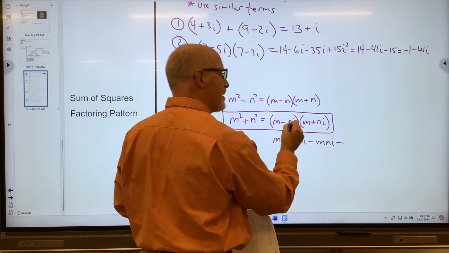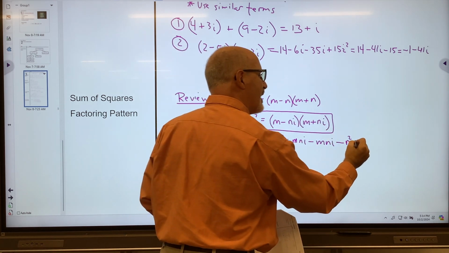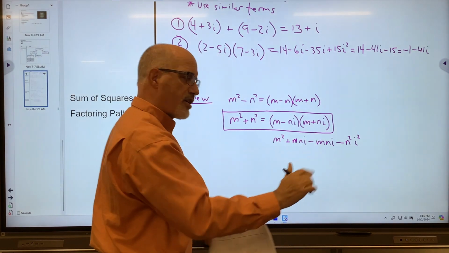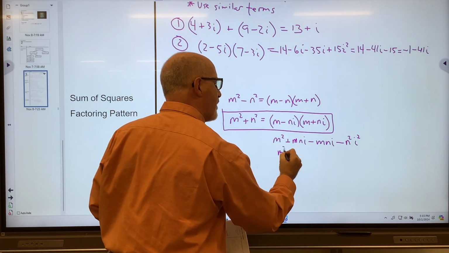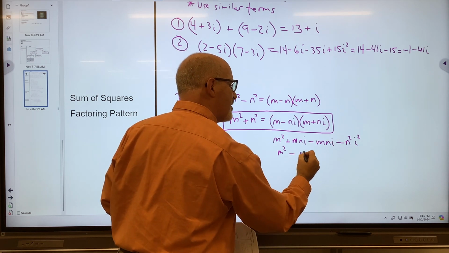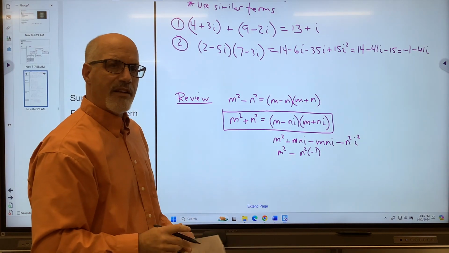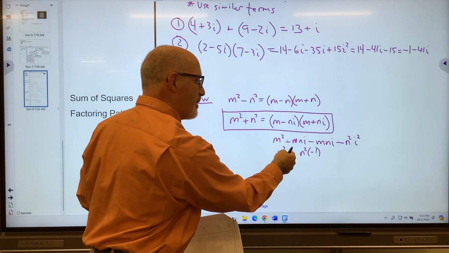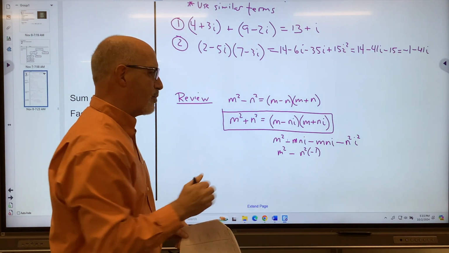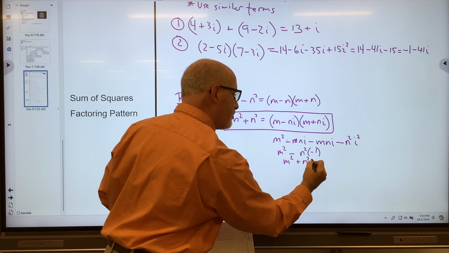You get minus n times n is n squared, and i times i is i squared. These two terms get rid of each other, just like the difference of squares pattern. So you have m squared, and then negative n squared times negative 1. i squared is equal to negative 1. Negative 1 times that gives me that positive in between, and it becomes m squared plus n squared.